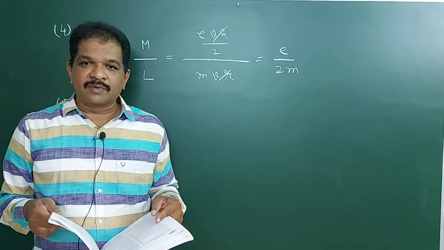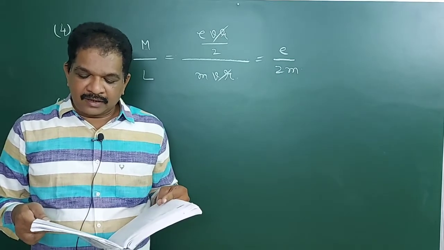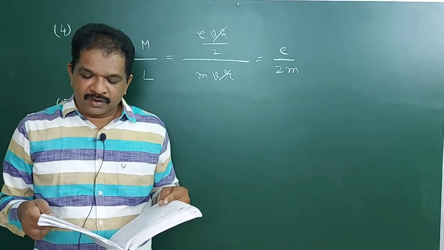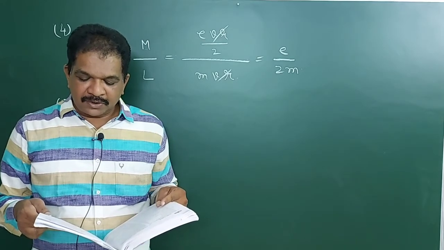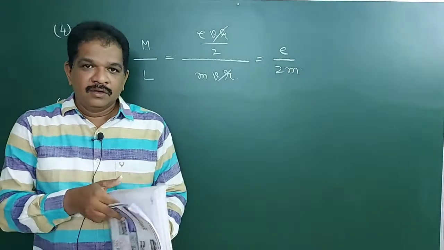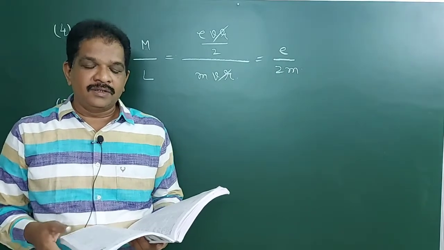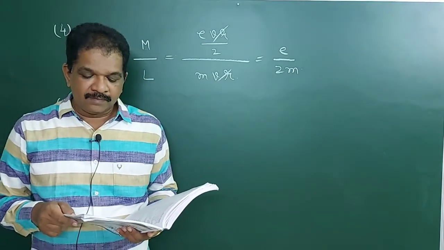When electron jumps from 1 to infinity, that will be ultraviolet rays, that is not infrared rays. So first option will be wrong. We gave the big table, you see. n is equal to 1 to n is equal to infinity means that will be UV rays.